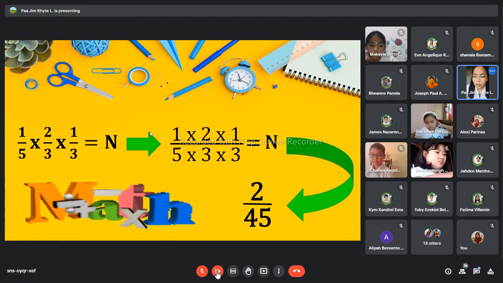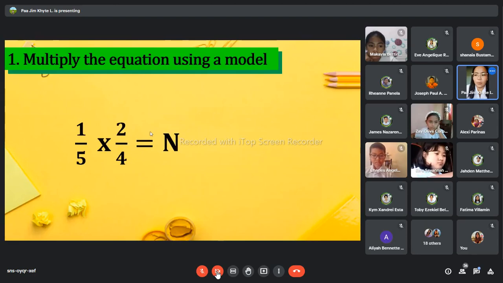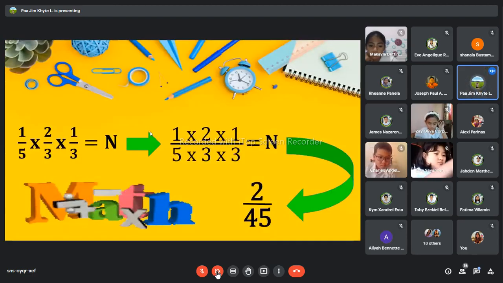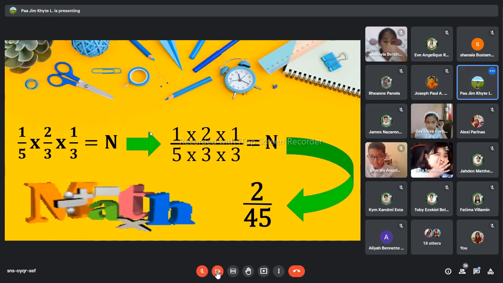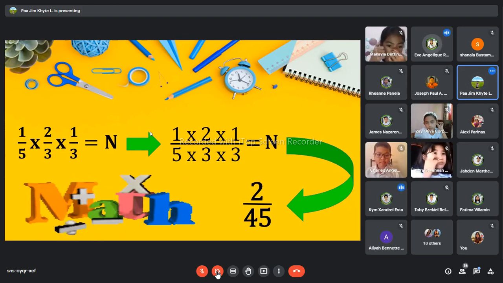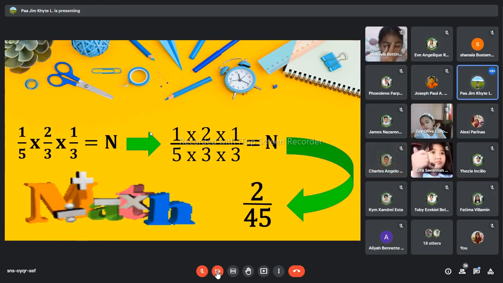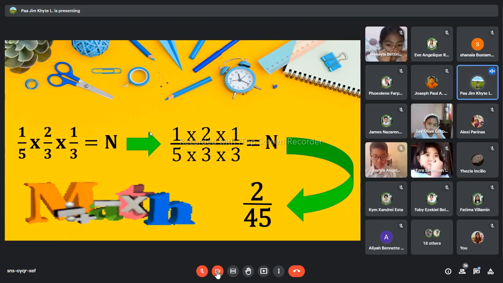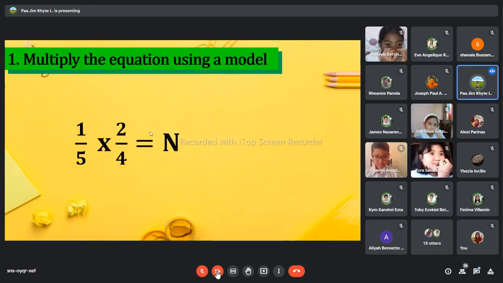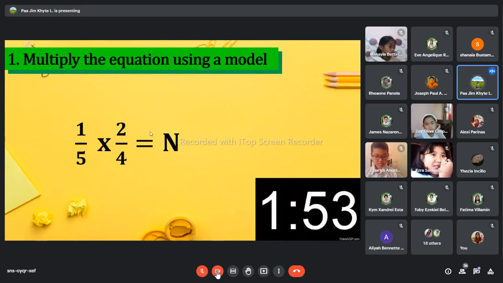Then let's try to look at the next one. Let's try to answer the following equation. Did you understand our lesson, class? Yes, ma'am. Let's try to solve the following equation. For number 1, multiply the equation using a model. And you have 2 minutes to answer that.